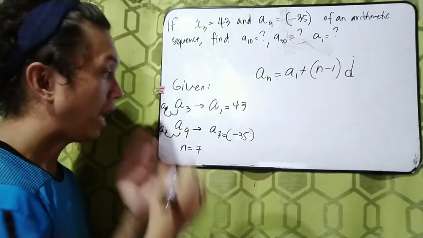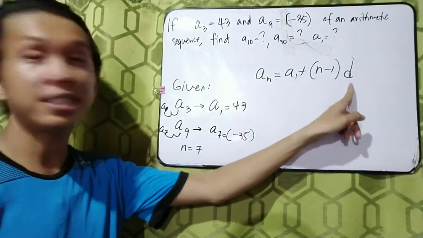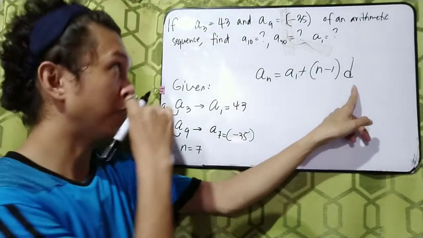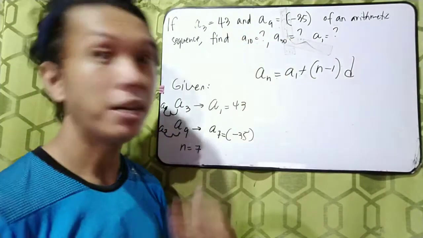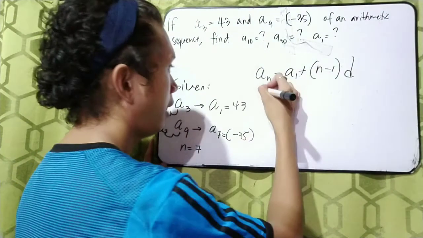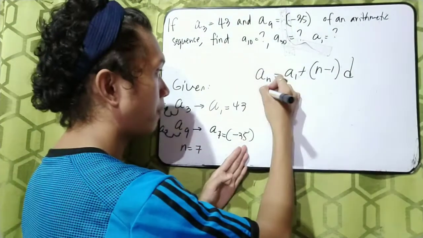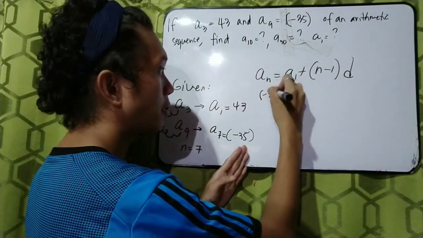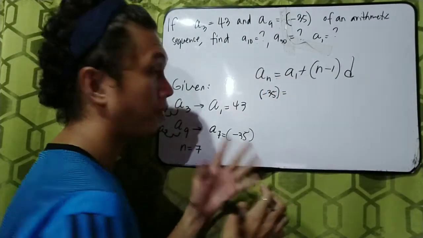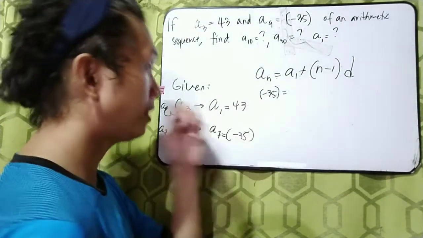Okay, so now let's first solve for the common difference, since it is the only one missing for us to solve a sub 10. Let's solve them one by one. So a sub 7, the last term, is negative 35. I put parentheses so that you will not be confused whether it is negative or positive. It is for easy recognition that it is negative.